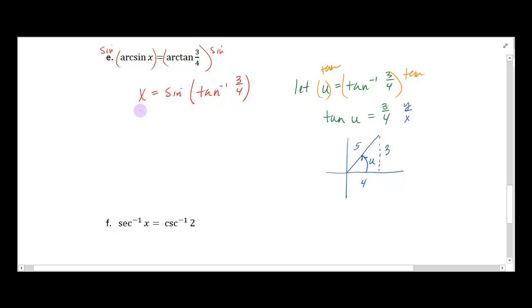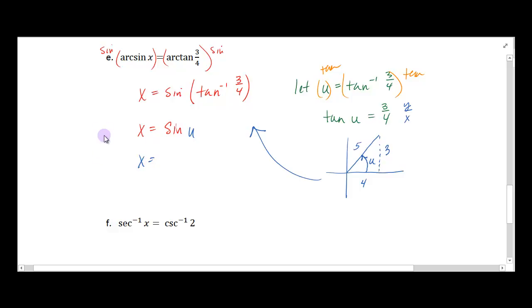So let's go back up here and re-look at our problem. Remember, we're looking at x is equal to the sine, not the sine of u. Well, this is the angle u. And I know that to take the sine of angle u, the sine of that angle is y over r.